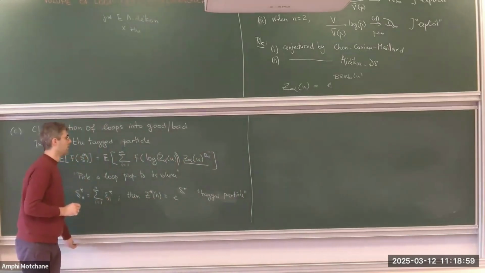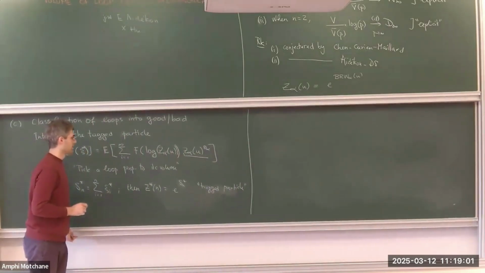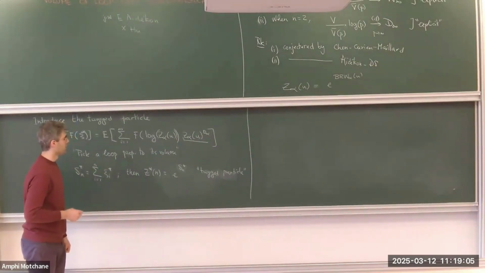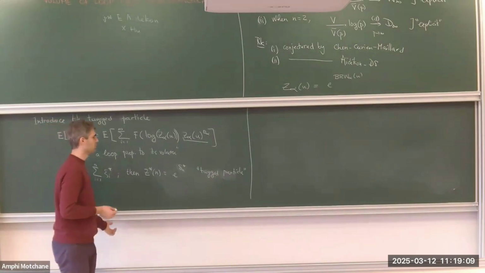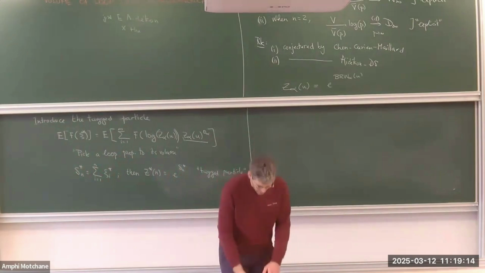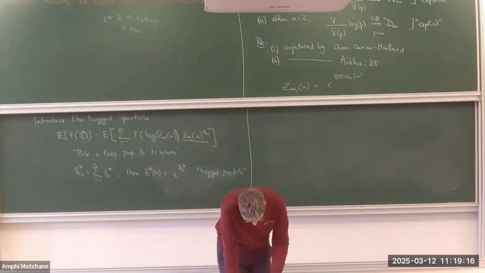In other words, we're looking at the planar map, and at each step we're picking a loop at random proportionally to its volume, and seeing what the behavior of the cascade looks like from this point.